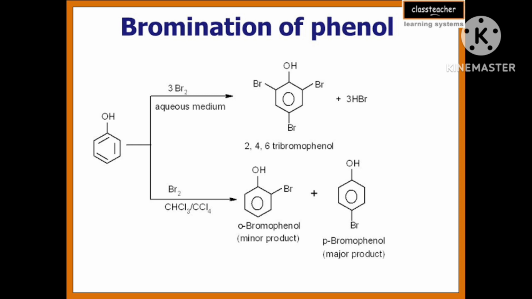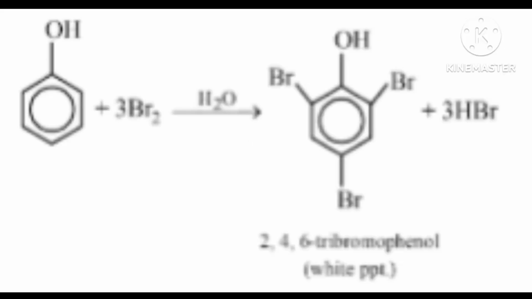Nowadays picric acid is prepared by treating phenol first with concentrated sulfuric acid. Then it will convert it to the phenol 2,4-disulfonic acid, and after that with concentrated nitric acid, then it will get 2,4,6-trinitrophenol.